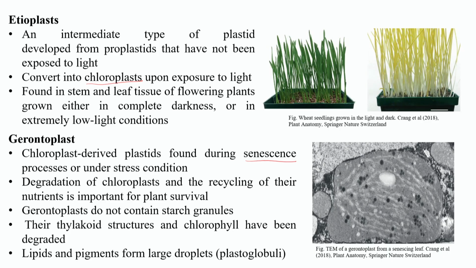Under that process, the chlorophyll molecule and the thylakoid structure present in the chloroplast are all degraded and form large lipid and pigment complexes in the form of plastoglobuli, and this degrading chloroplast is known as gerontoplast. Now you can see here an electron micrograph where we can see droplets of pigment and protein complexes in this gerontoplast.